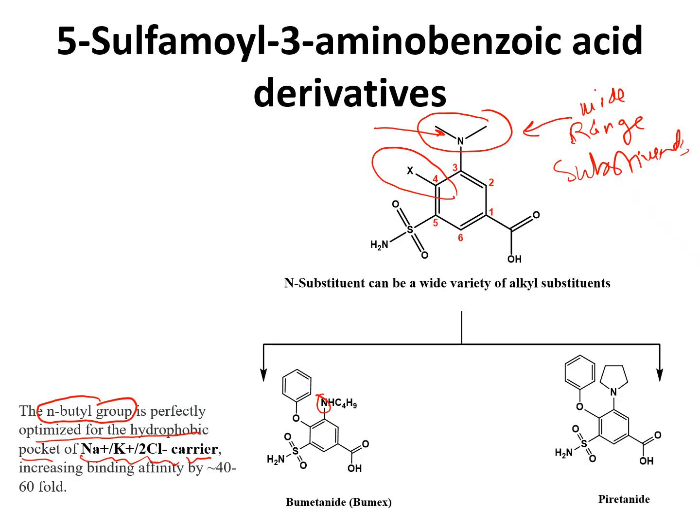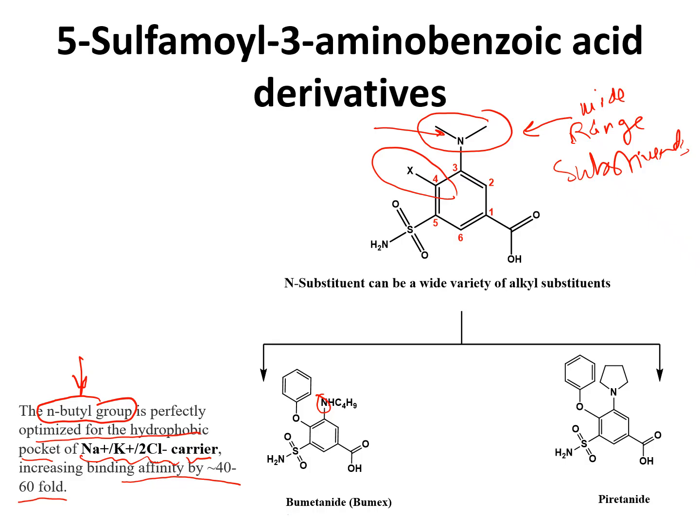So this is very important: this butyl group, a 4 carbon unit, when attached to nitrogen increases the binding affinity by 40 to 60 fold. So it's a huge jump in affinity compared to furosemide.